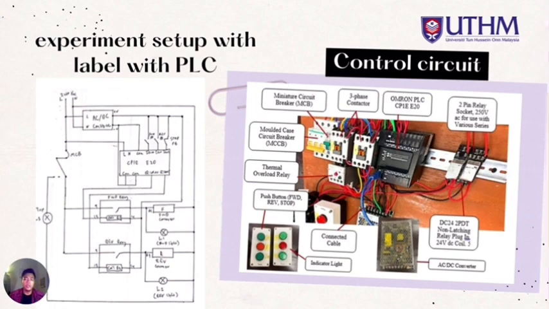The connection with PLC is a little bit different because for this case study, we have an input, which is the controlling part, the push buttons, and an output part, where the contactor relay will be an intermediate control for each of the contactors. As we see on the slide, this is the control circuit for the PLC.